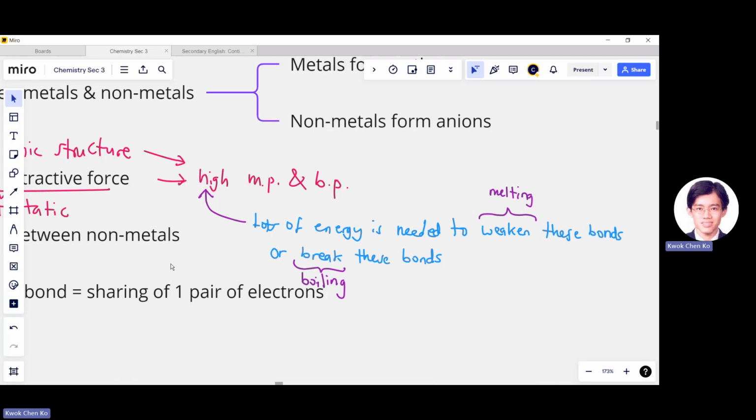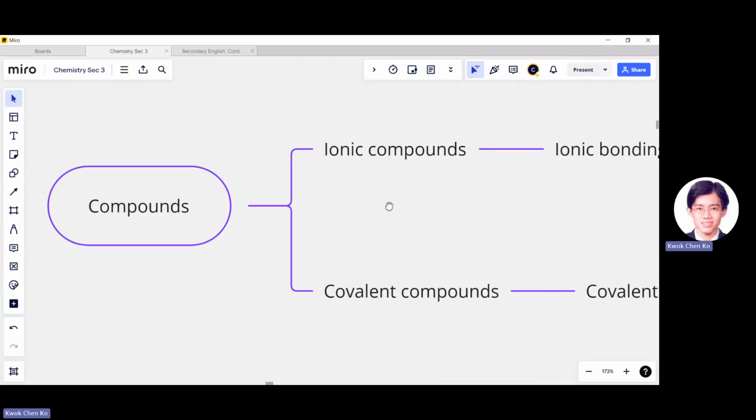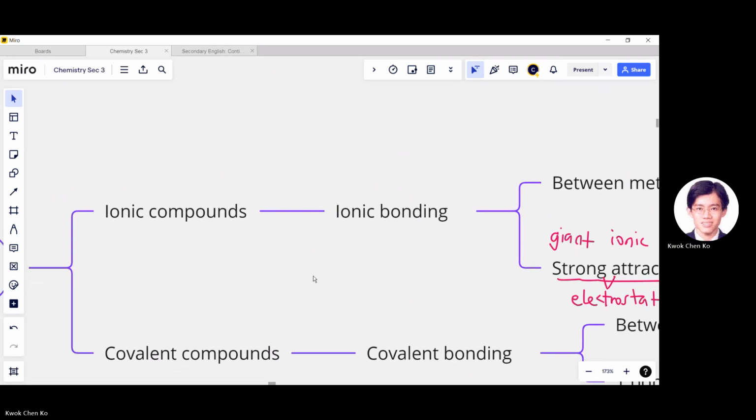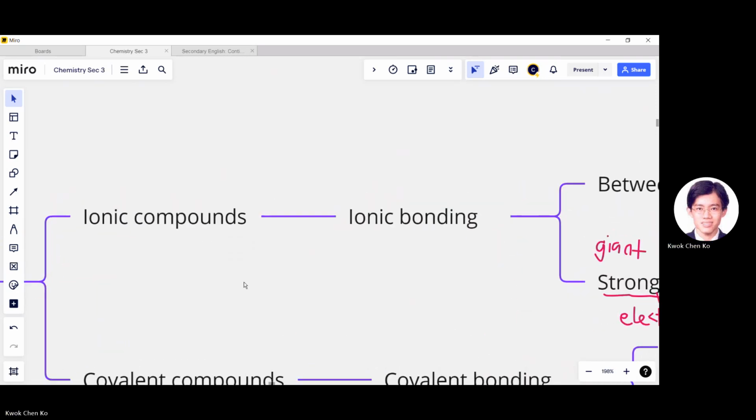Okay, questions? No? All right, just a few more things. Ionic compounds. Oh, by the way, have you come across the term physical properties?